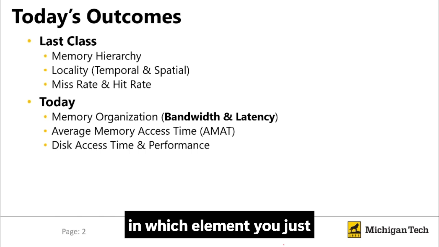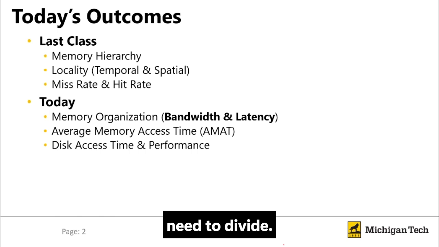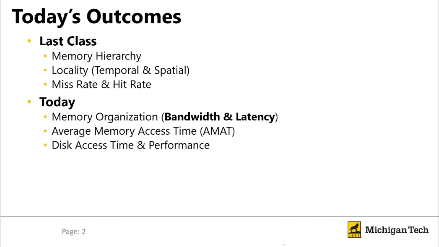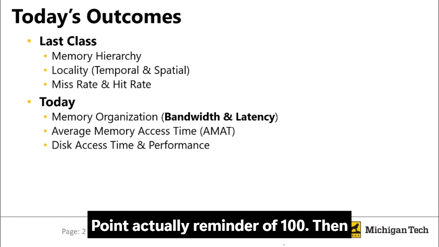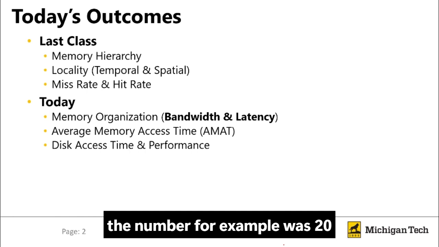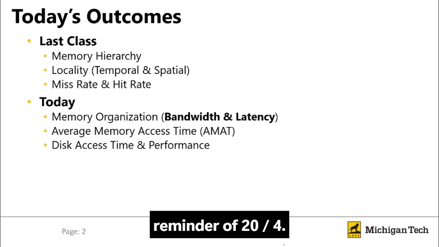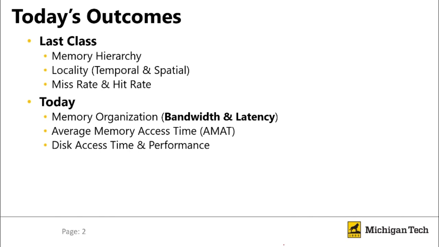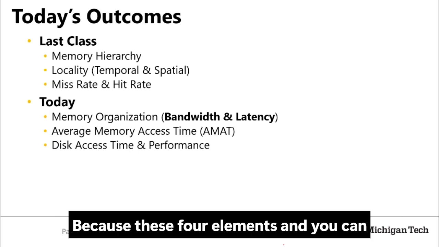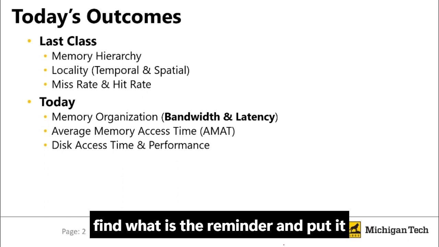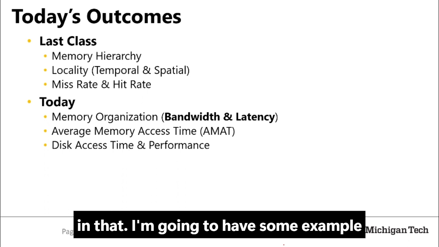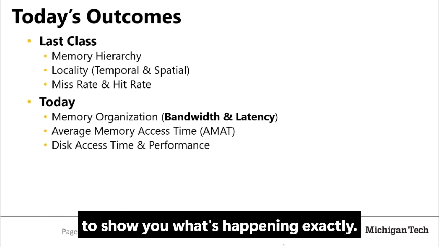You just need to find the remainder. The number, for example, was 20, and you just need to find the remainder of 20 over 4, because it's 4 elements, and you can find what the remainder is and put it in that. I'm going to have some examples to show you what's happening exactly.